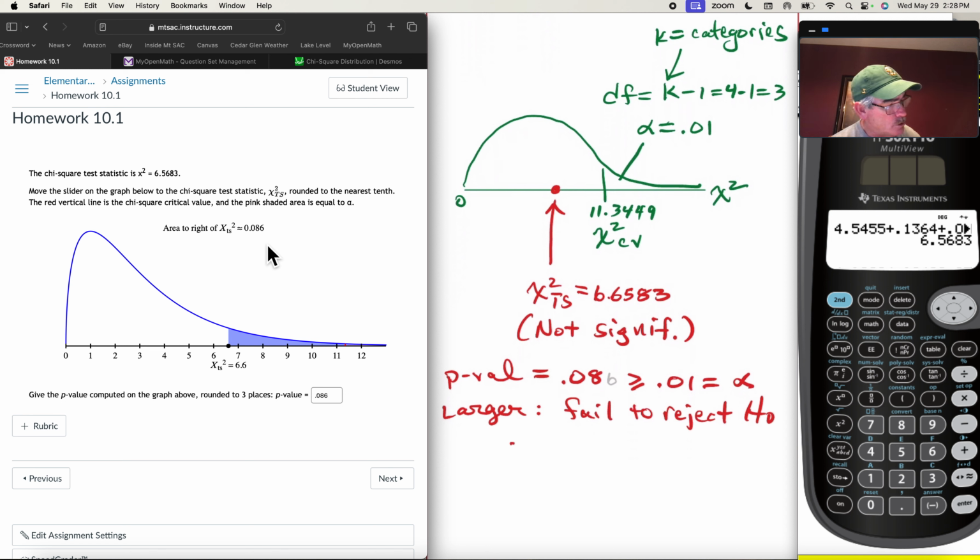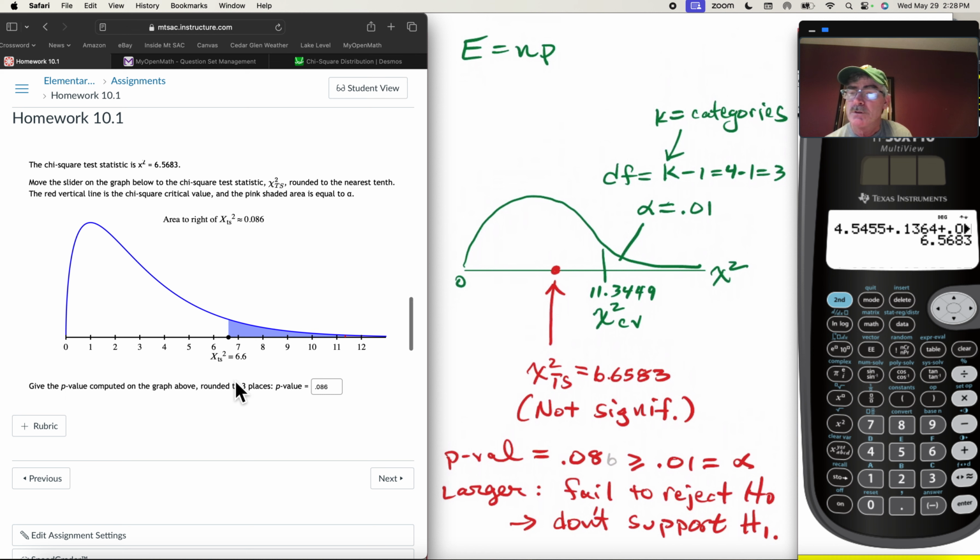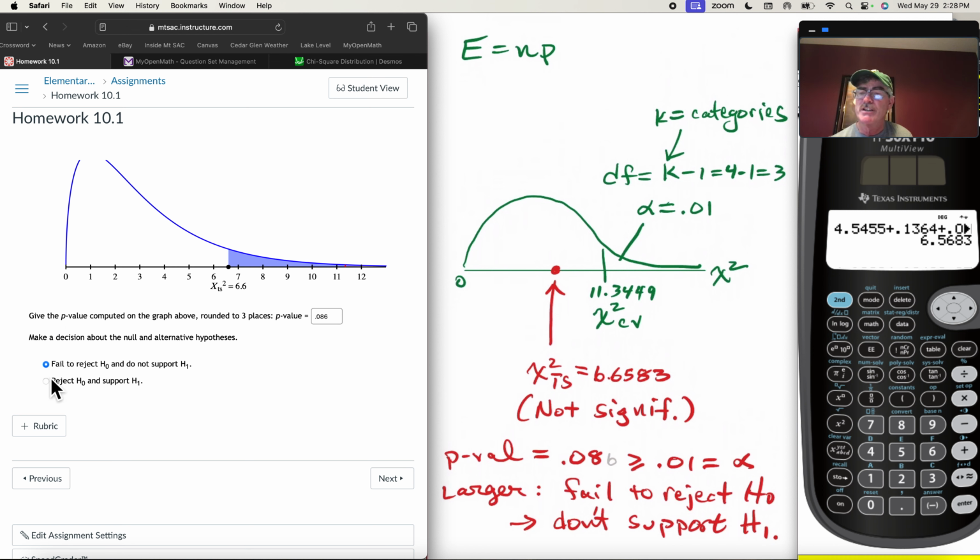And that means we don't support the alternative. Okay, so let's go ahead and punch this out. Make sure I've got these in. This says fail to reject. I don't know why these were already selected, but this one's a fail to reject here.